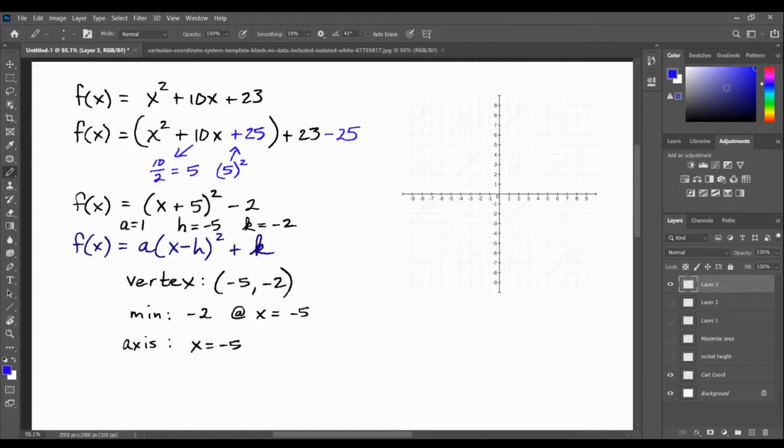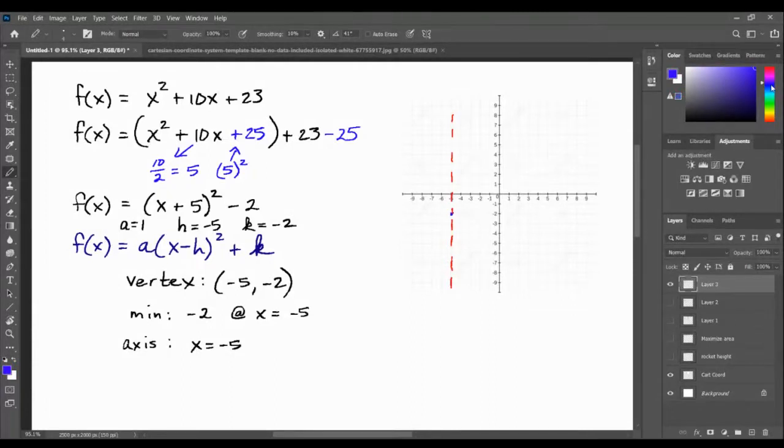So if I wanted to graph this, we could start at the vertex, negative 5, negative 2, be right there. I know it opens up. The axis of symmetry is at x equals negative 5. That's this vertical line right there, goes right through the vertex, and it better.